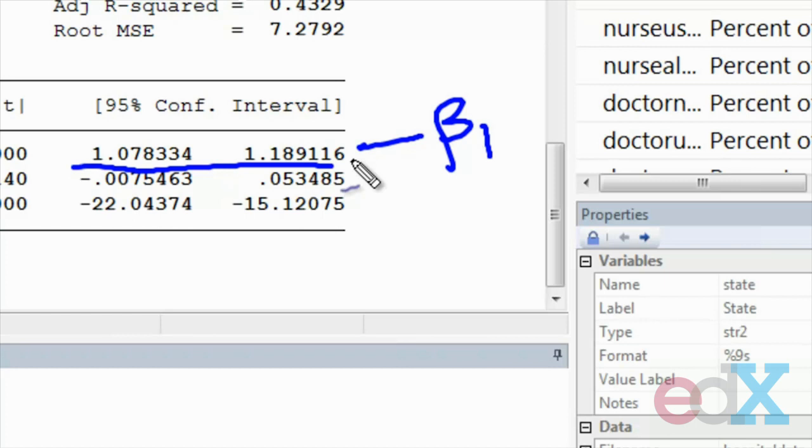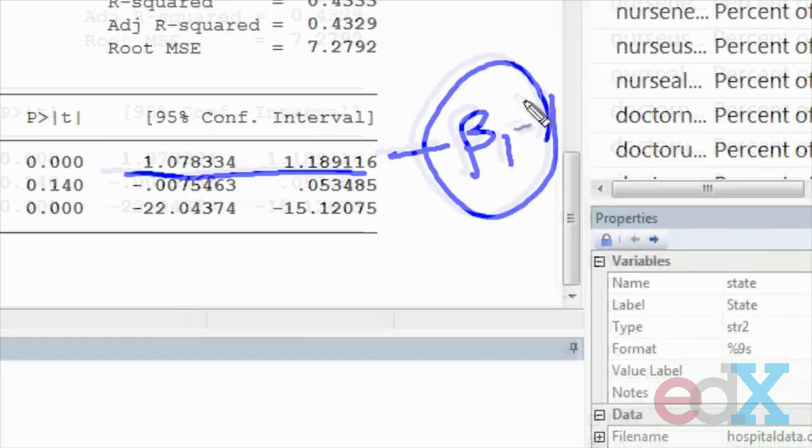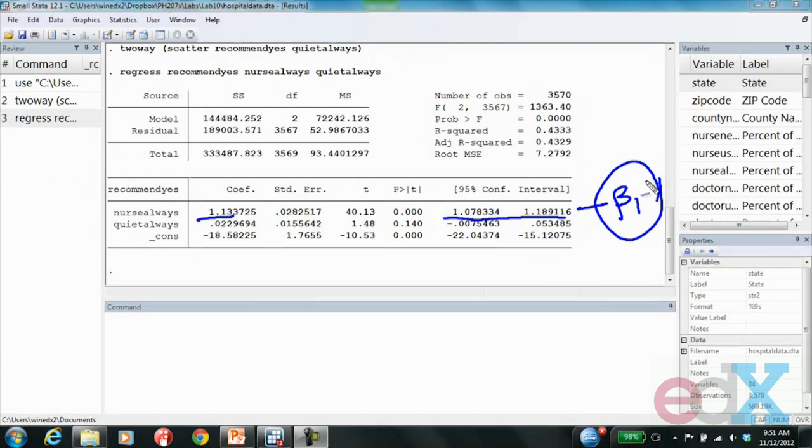So remember, when we have this multiple linear regression model, we have to interpret our coefficients conditional on the value of the other covariates. So we condition on quiet always, and we look at the impact of nurse always on the outcome.